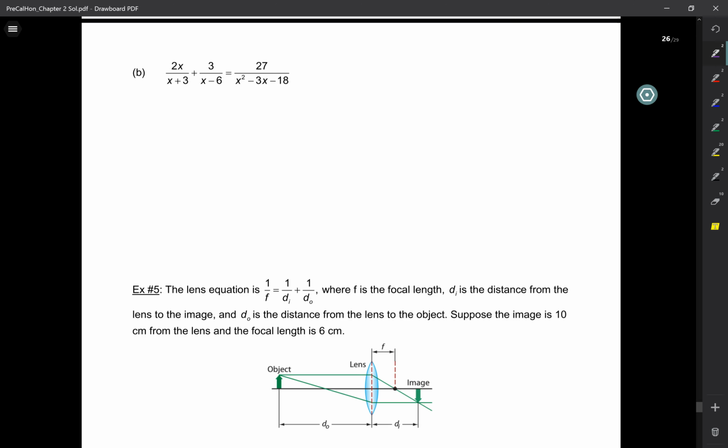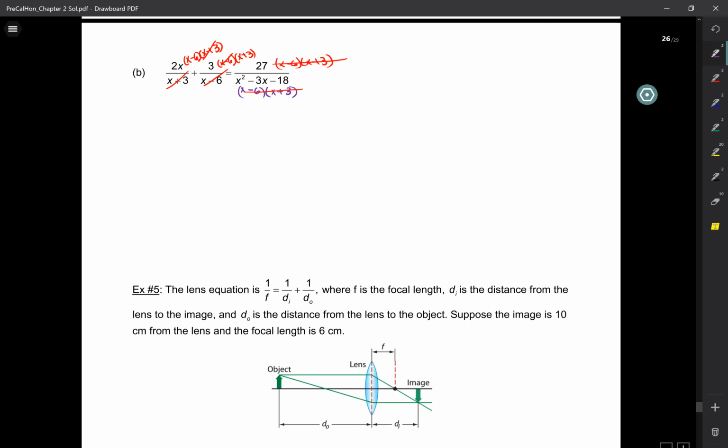All right, here we're going to factor this. So we get x minus 6 and x plus 3. And it just so happens that that's the LCD. Cancel these.